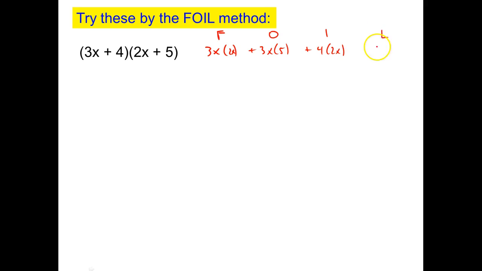And my last are 4 and 5. So I get 6x squared. My middle terms give me 15x and 8x. Those are the ones that will combine. And I end up with 6x squared plus 23x and 20.